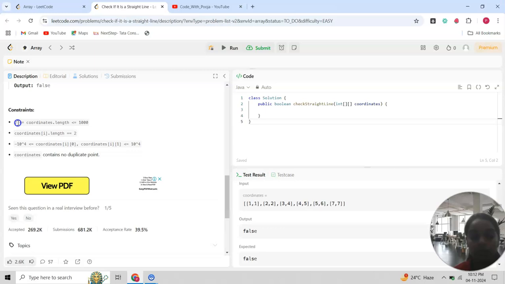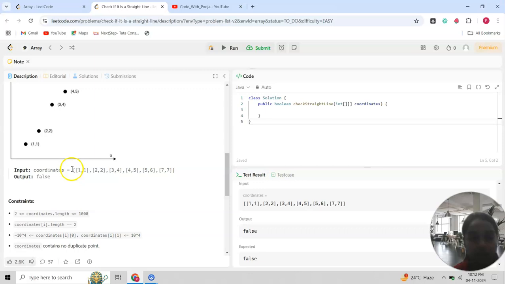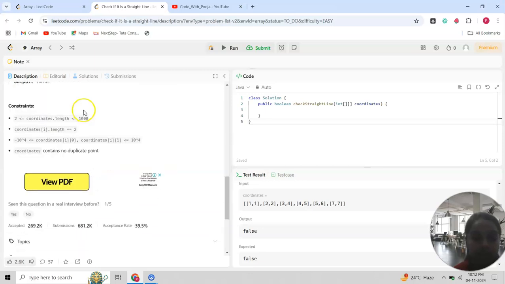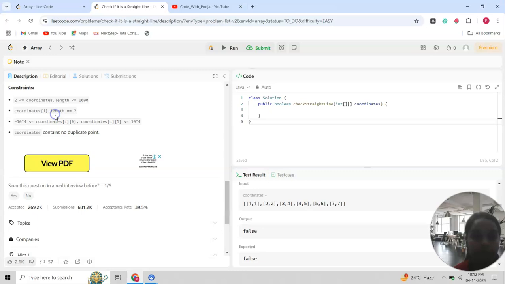Each sub-array, since it is a 2D array, will have length 2, so there are only two values, x and y, in each point. The coordinate values will be between minus 10 to the power 4 and plus 10 to the power 4. And coordinates contain no duplicate points.